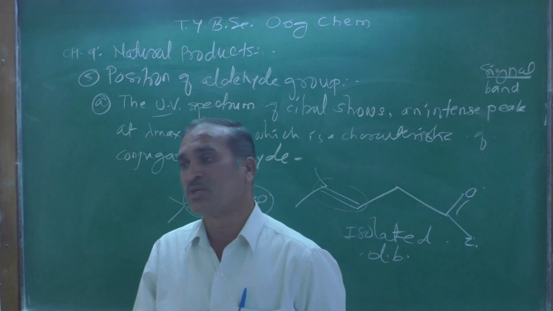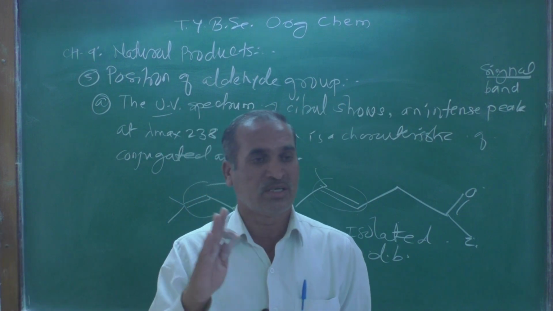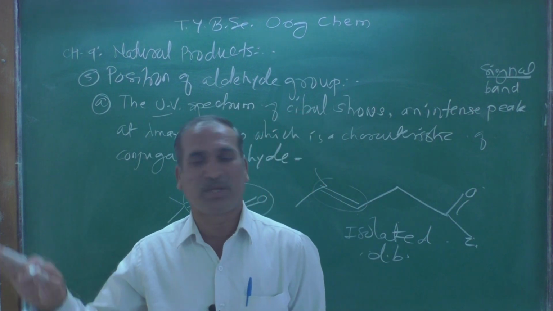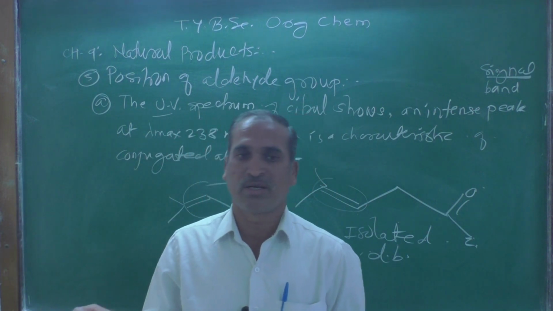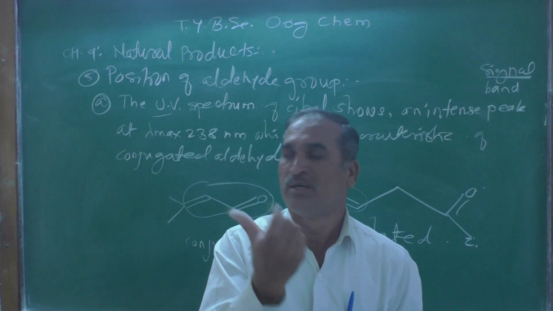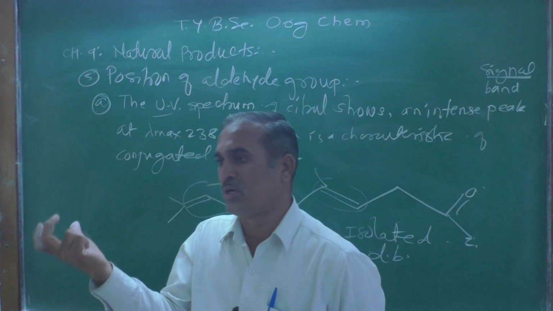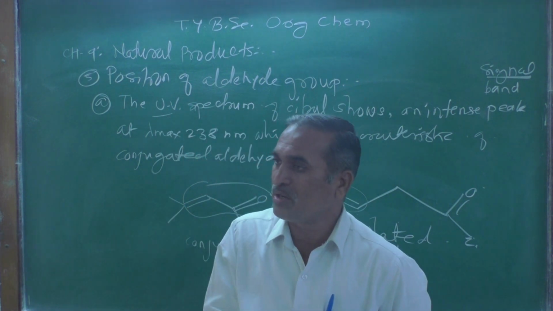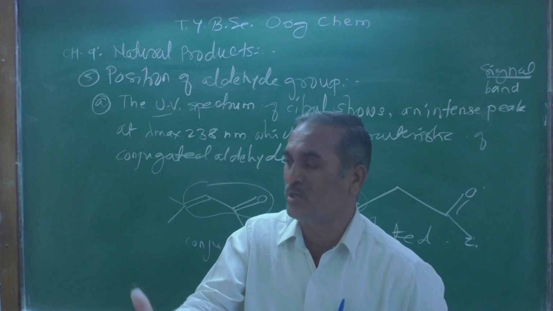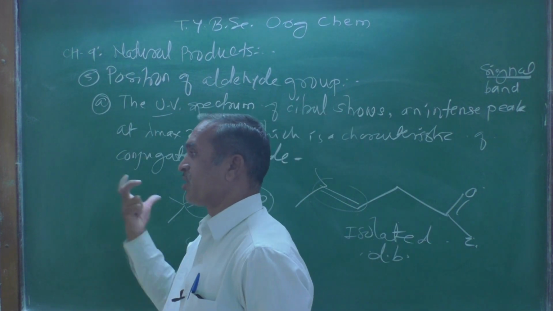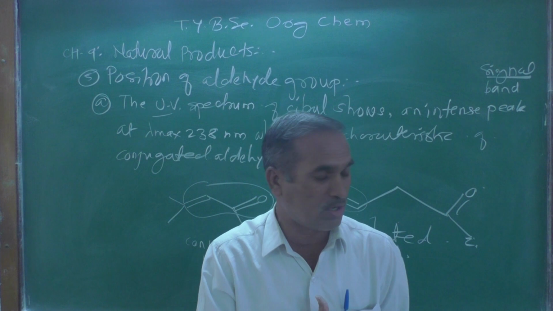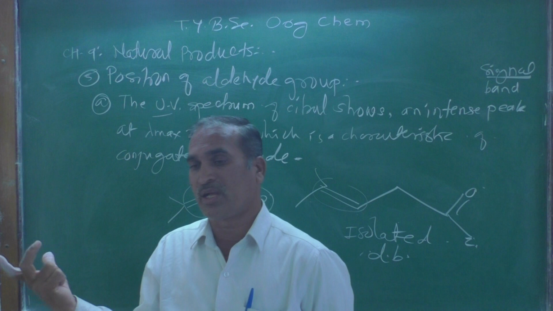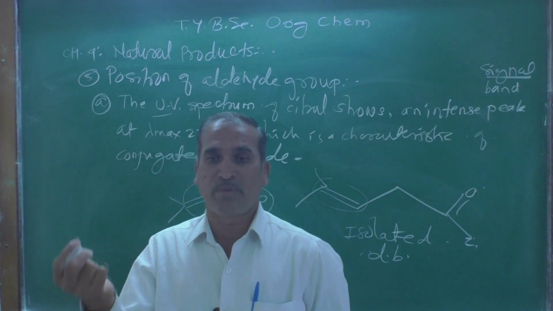By using these we try to find out the correct structure of the compound. Ultraviolet spectroscopy is a separate method. It gives some important information about the structure of an unknown compound. What kind of information does it provide to the chemist? It provides information related to a carbon-carbon double bond, whether it is in a conjugated form or in an isolated form.